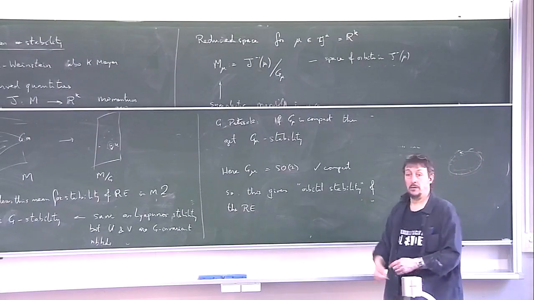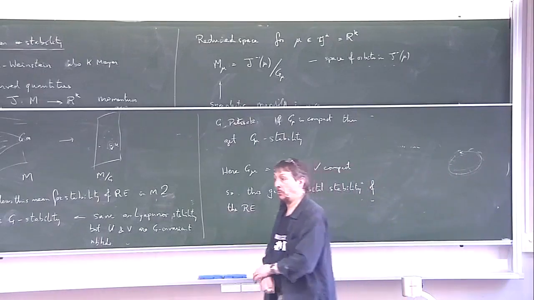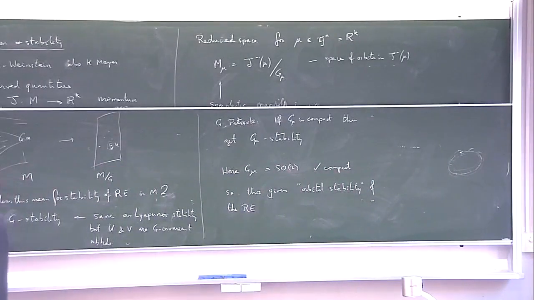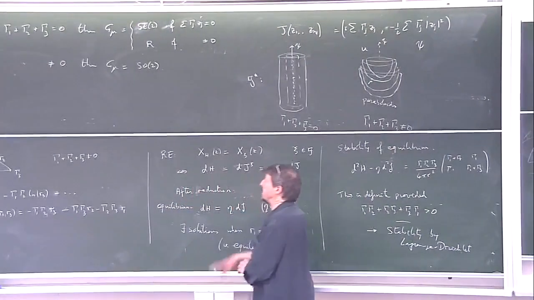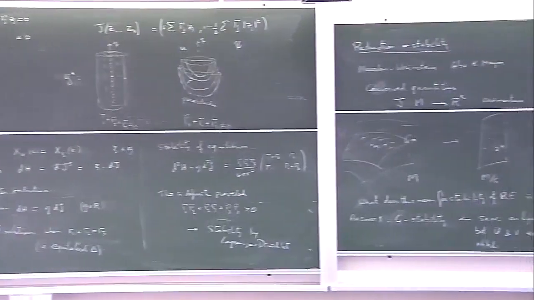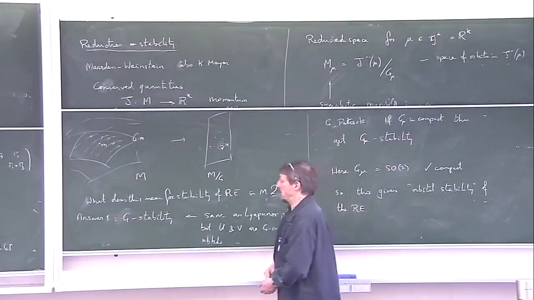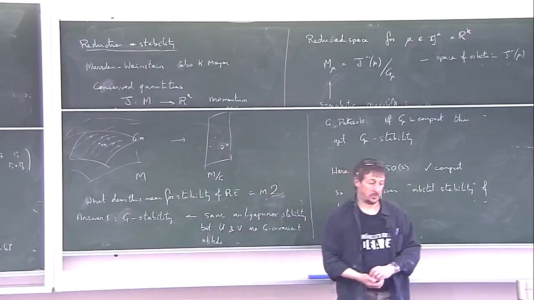And this picture is as good as you would hope to get. This does not work when gamma 1 plus gamma 2 plus gamma 3 is 0, because then G mu is not compact. So the best you can do then is just the easy answer, which is G stability.